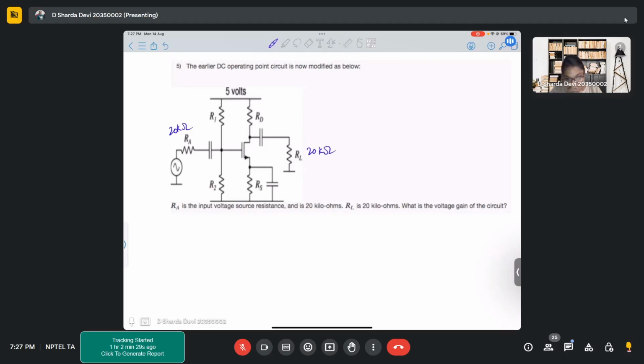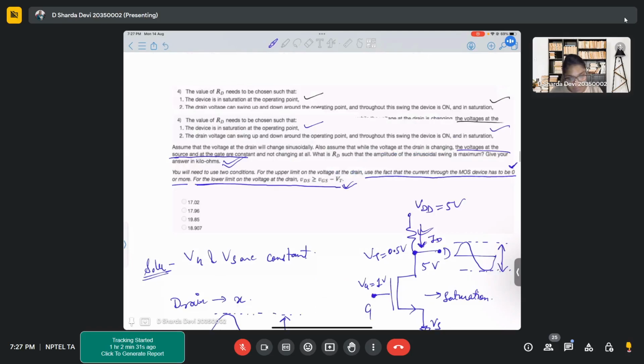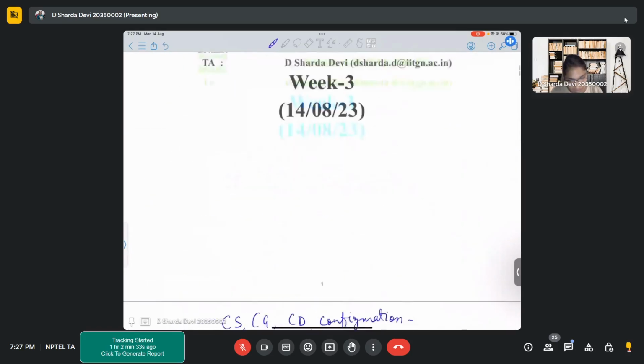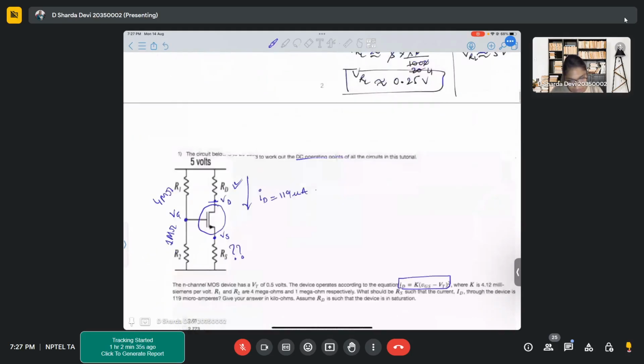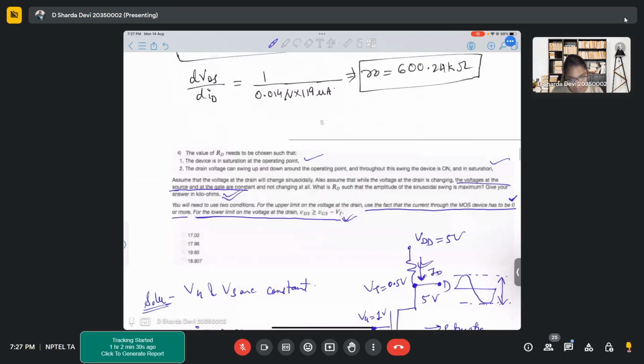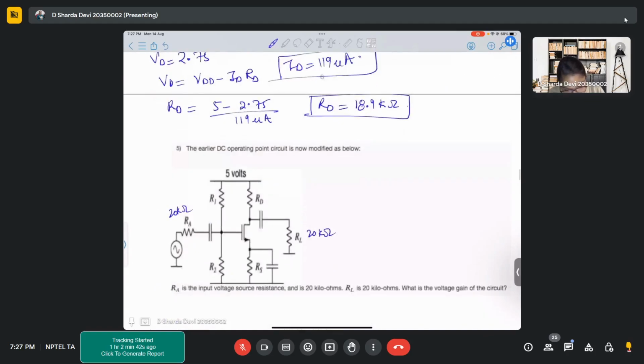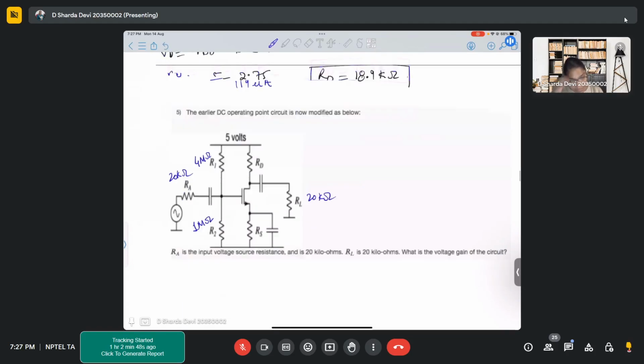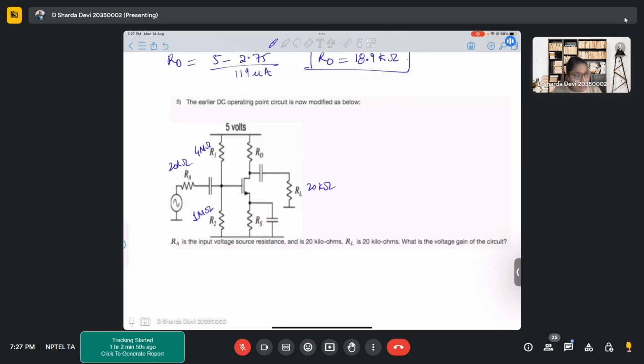R1 and R2 are still the same, 4 and 1 mega ohms. R1 is 4 mega ohms, R2 is 1 mega ohms. R is RD. Okay. Now, what is the voltage gain of this circuit?